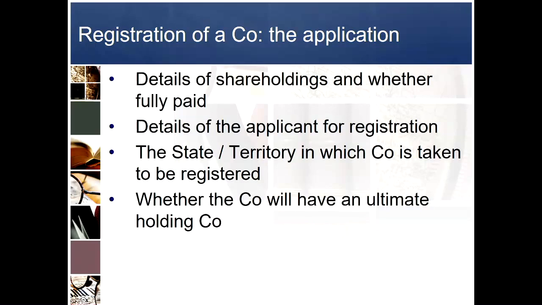So we need to know which laws are going to apply. So that's why you still have to say which state or territory you're registering in, and whether there is an ultimate holding company.